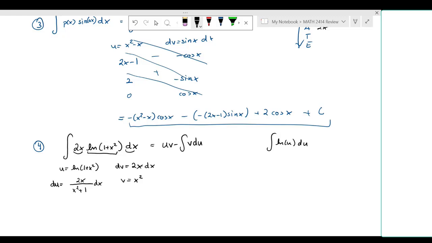Okay, so then we plug in our parts, we get u times v. U times v becomes x squared log, minus the antiderivative of v du. So it becomes 2x cubed.